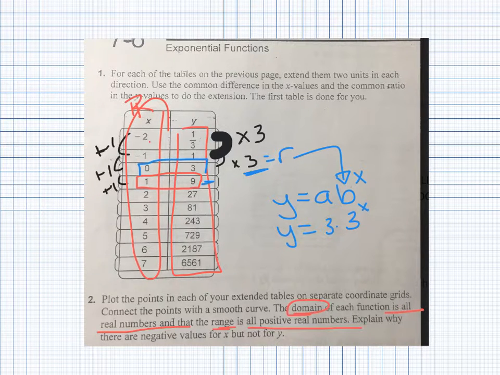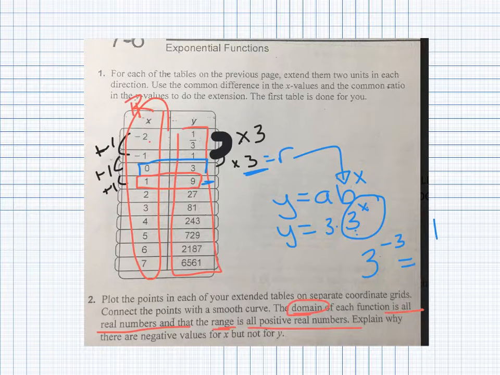So this would be the equation, and you'll recall that when you're raising a positive value to any exponent, it's not going to change that value to a negative. So I could raise this 3 to a negative 3.